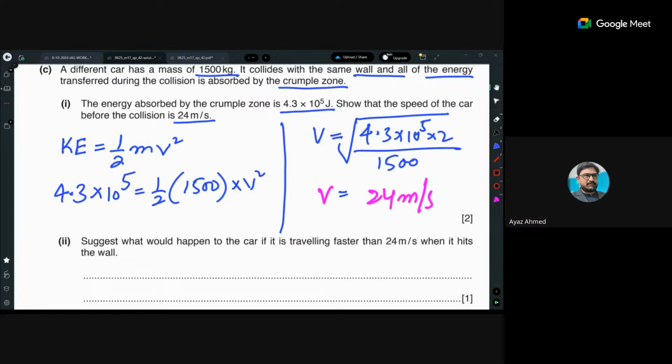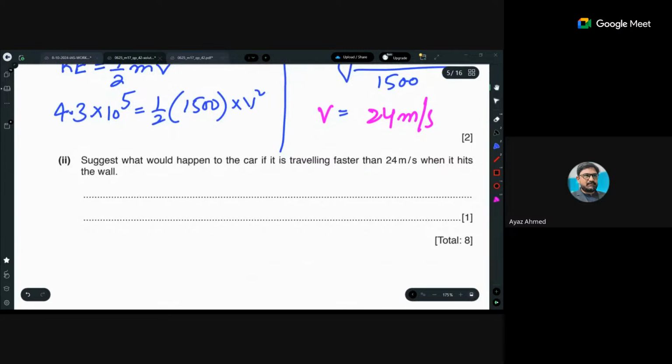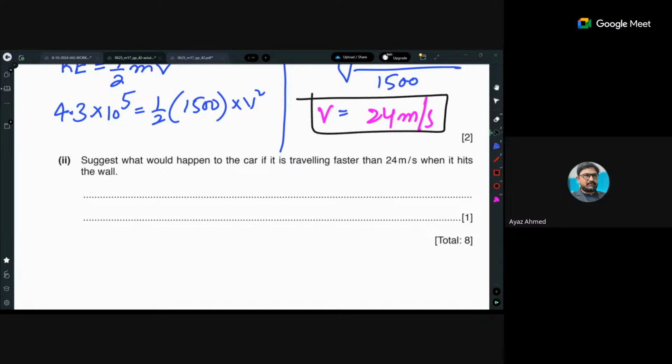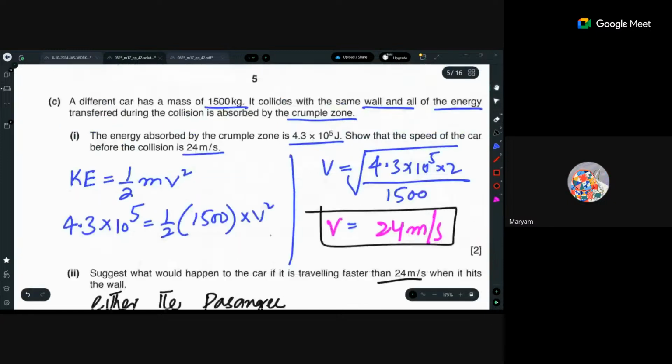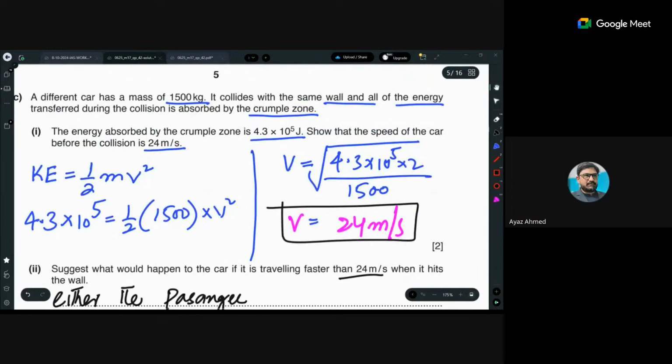Then they are asking: suggest what would happen to the car if traveling faster than 24 meter per second it hits the wall. So if it hits the wall with a speed more than this, there can be two options. Either the passengers would be damaged inside, because the energy is now more. Yes, the crumple zone is completely collapsed. The energy absorbed by the crumple zone is this.